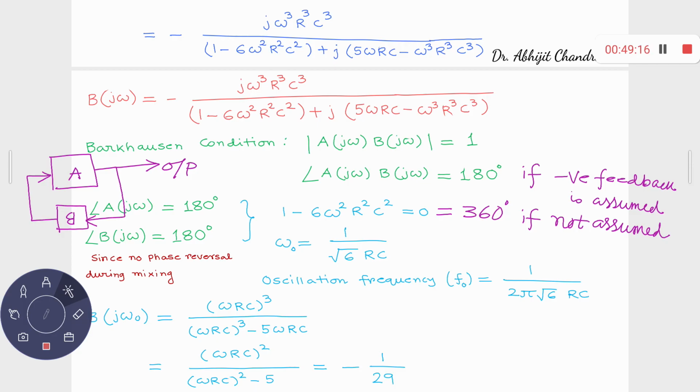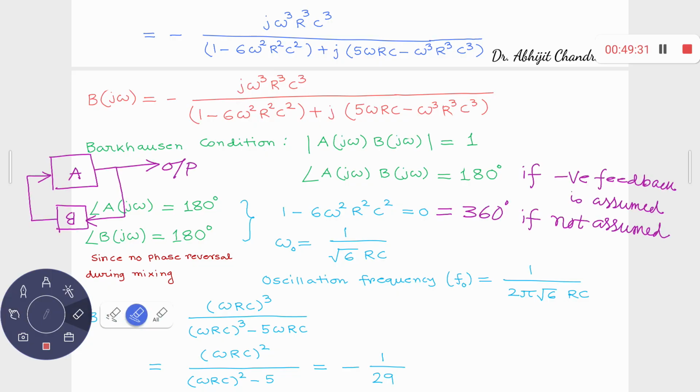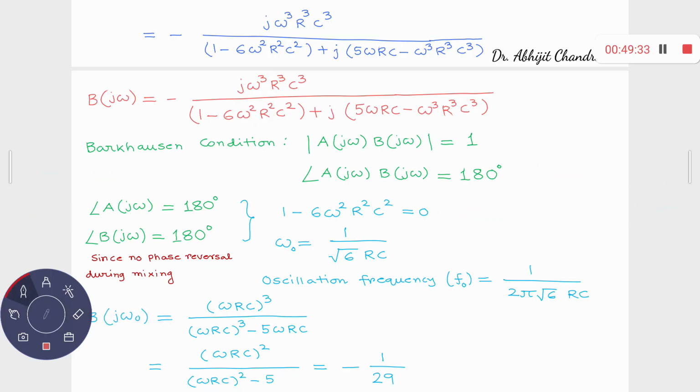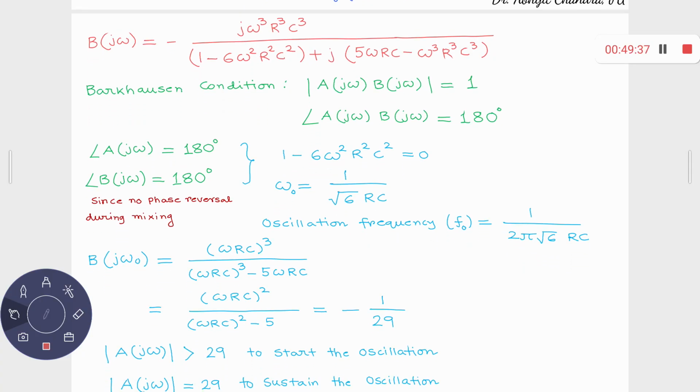Can you get the point? There is a phase reversal and there is an attenuation. Then how to select the amplifier? What should be the gain of the amplifier?